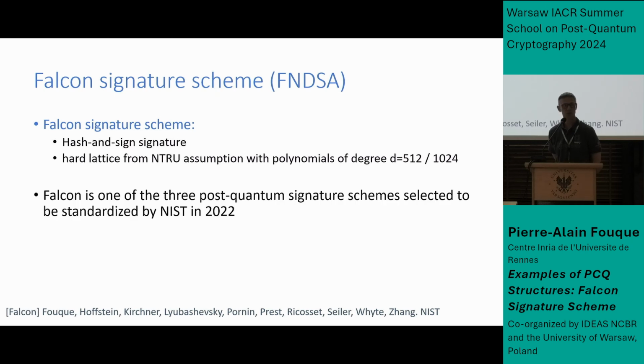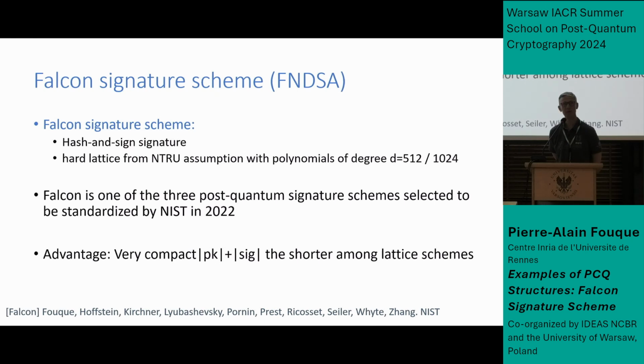Falcon was one of the three main signature schemes that have been selected. There is Dilithium and Falcon, and also SPHINCS+ that has been selected, which is based only on hash functions, and we will not go into this detail now. The main advantage of Falcon is that it is very compact.